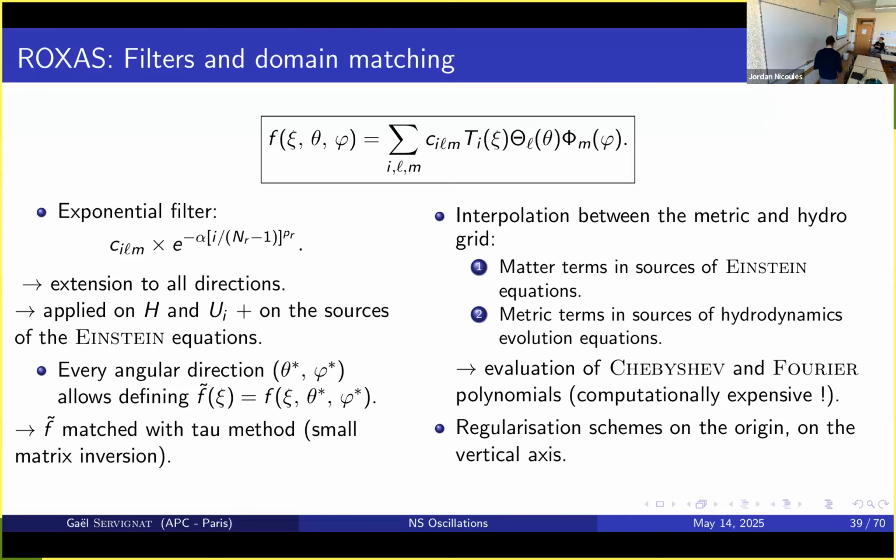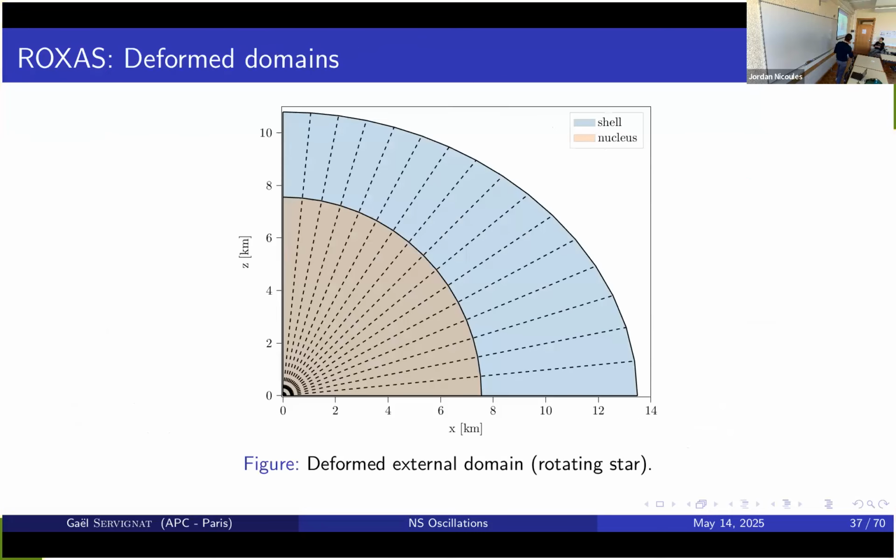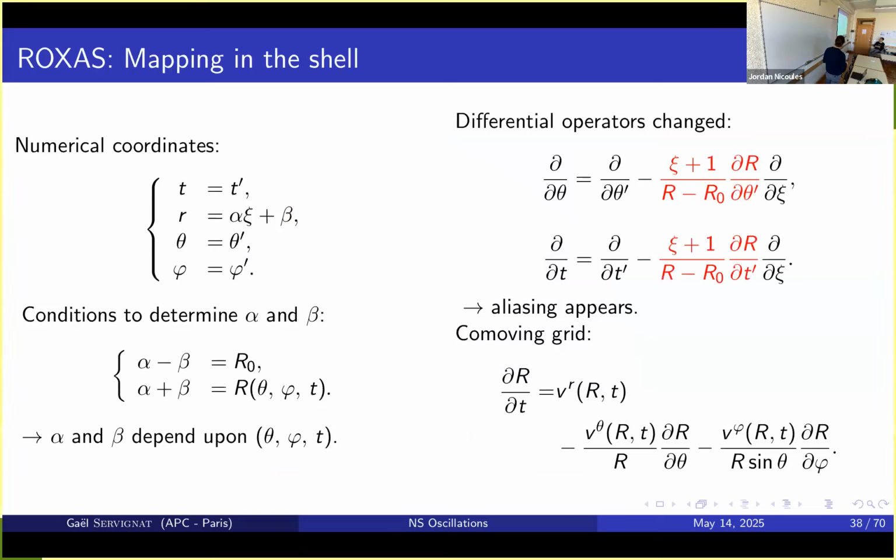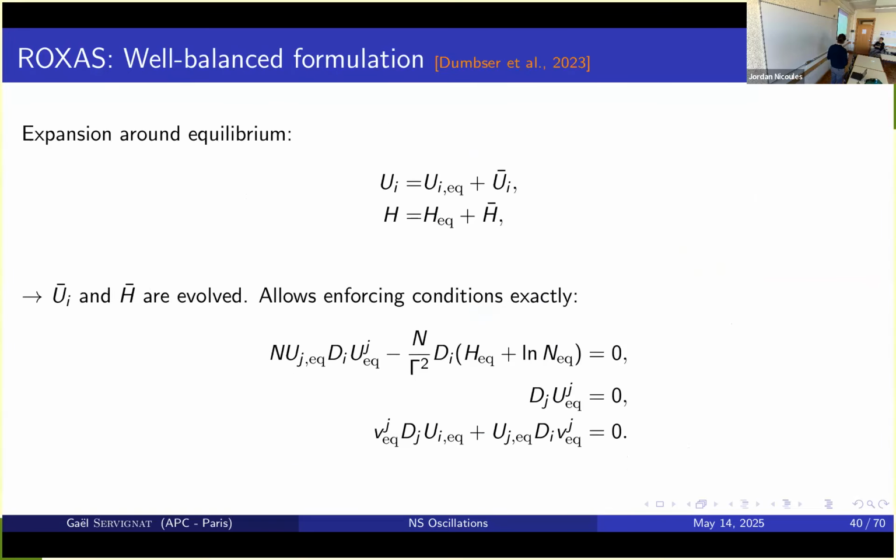If you want to use spherical variables, you have seen before that all these angular directions meet at the center. So we have a number of points which are numerically different but physically the same. In principle, they should represent the same thing and not diverge. If you do it naively, it will diverge. And the same happens on the vertical axis. Right, so we have to introduce things to cure this.